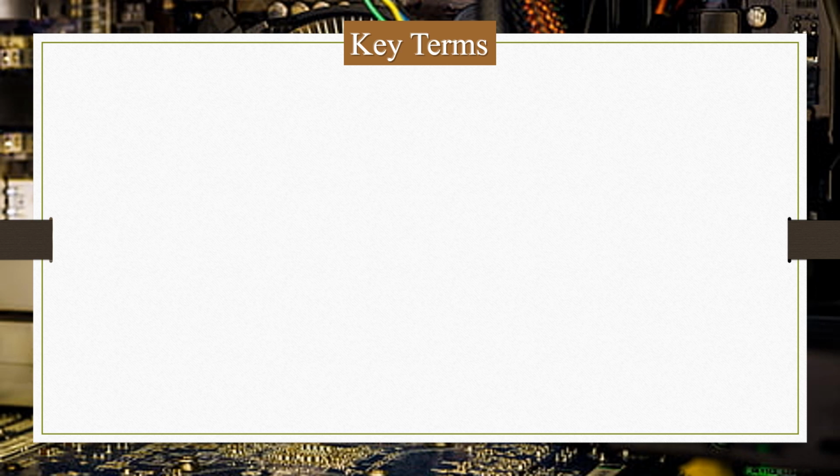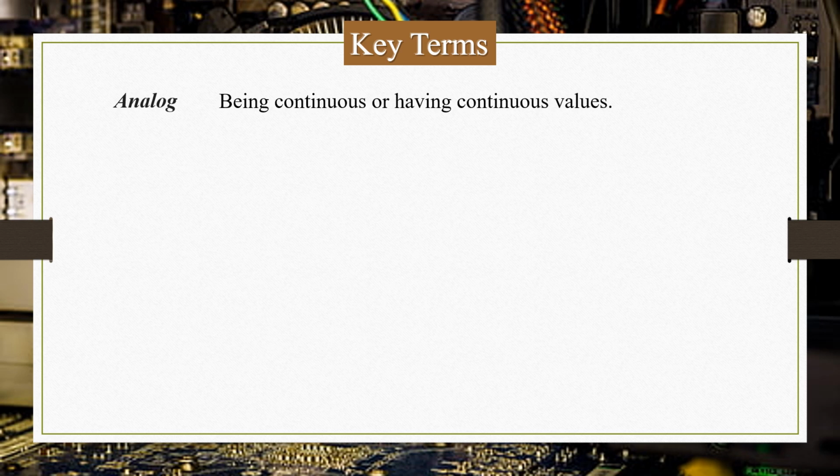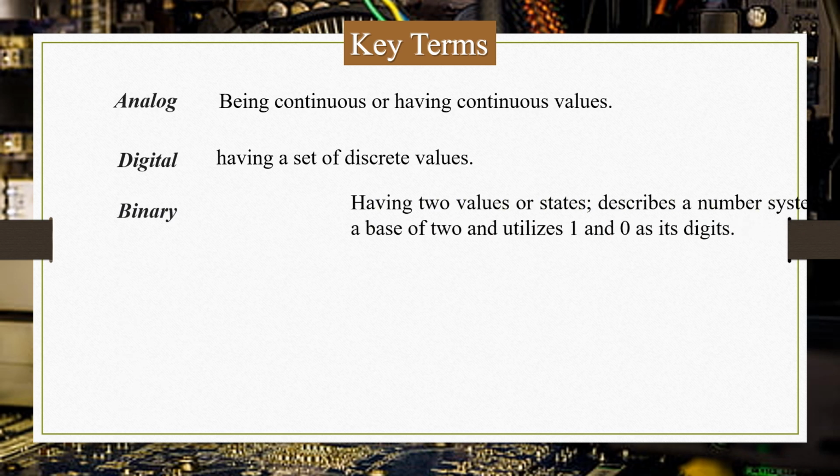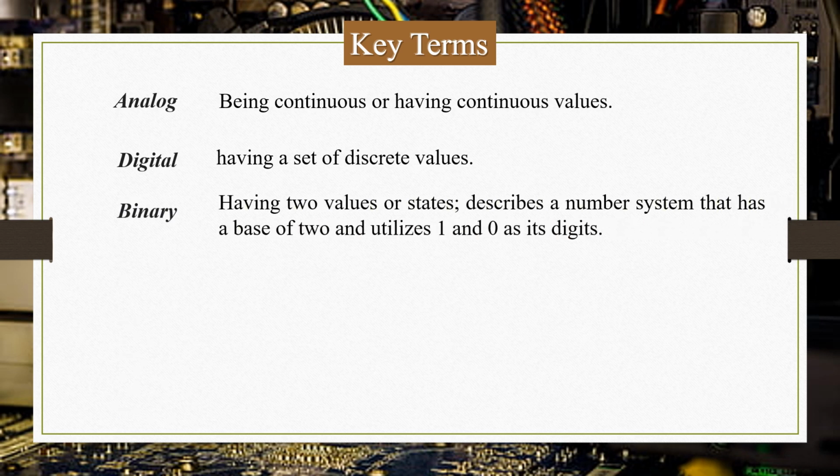Now let's revise the key terms that we discussed so far. The term analog means being continuous or having continuous values. Digital means having a set of discrete values. Binary means having two states or values, 0 or 1; it describes a number system that has a base of 2 and utilizes 1 and 0 as its digits.